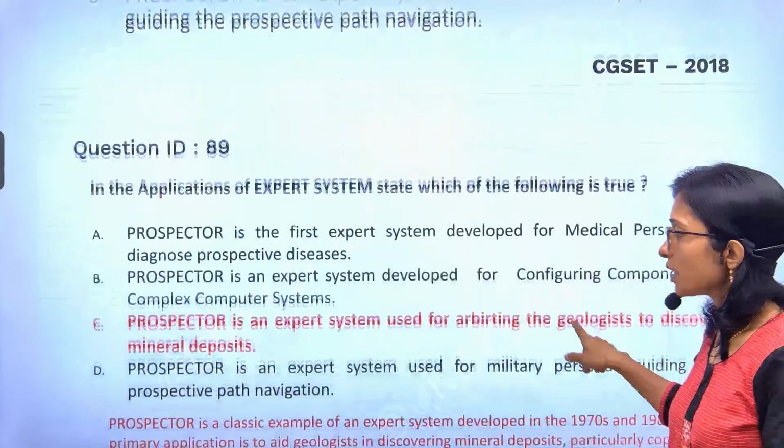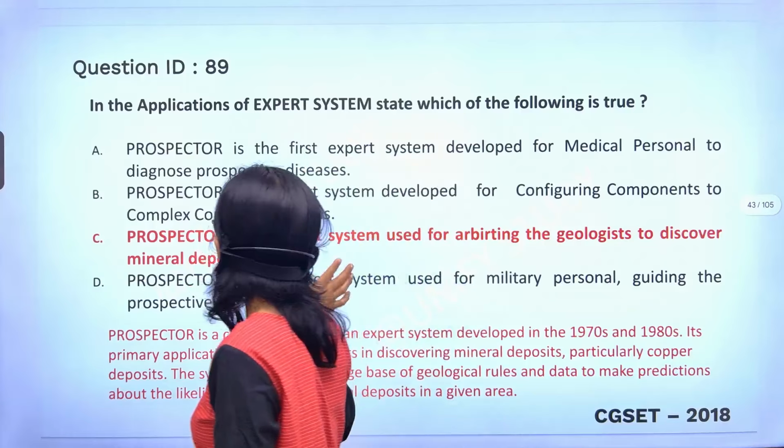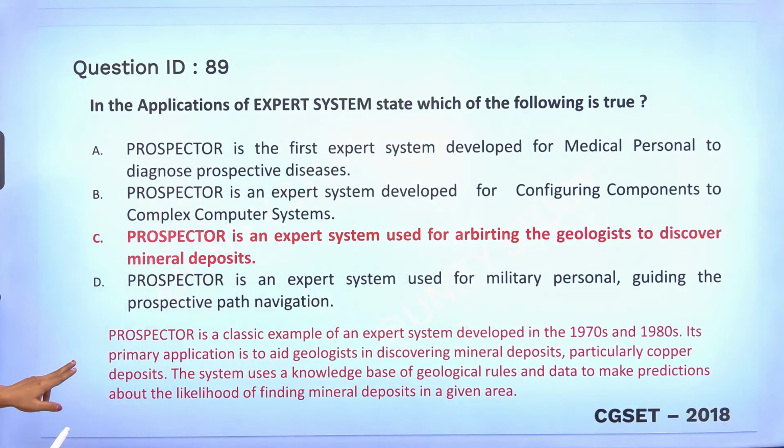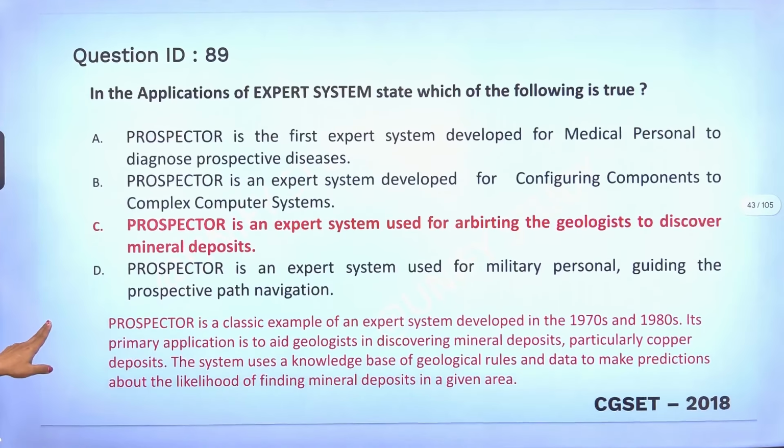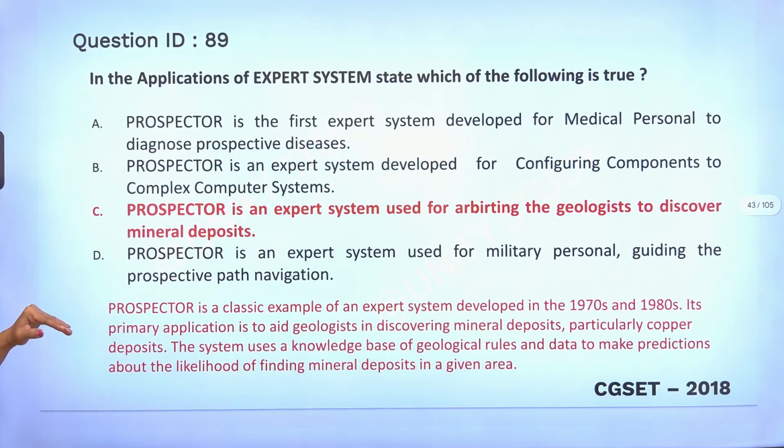Here you can see Prospector. Prospector is an expert system developed in 1970-1980. Its primary application is to aid geologists in discovering mineral deposits, particularly copper deposits.